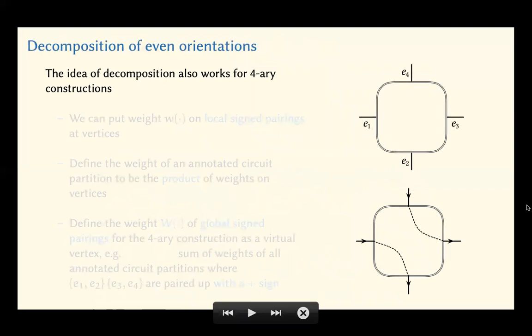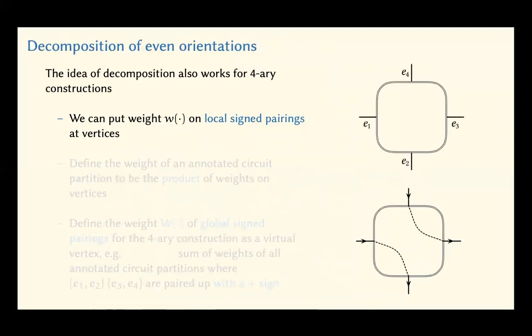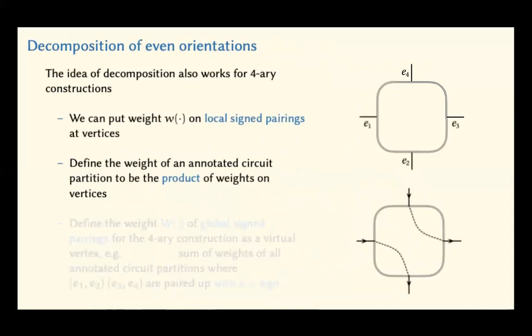So the idea of decomposition also works for Fourier constructions. We can put weight W on local sign pairing sets of vertices, just like we can put weights on each of the 8 local configurations. So we can also define the weight of an annotated circuit partition to be the product of weights on vertices.